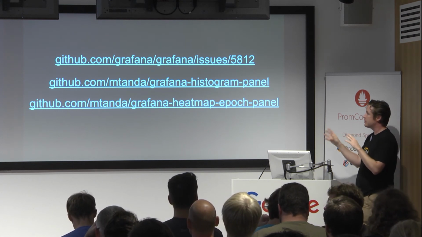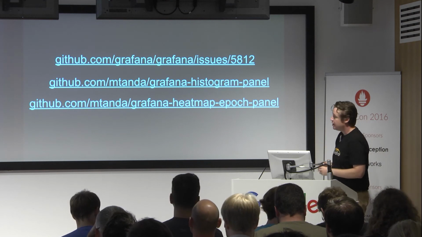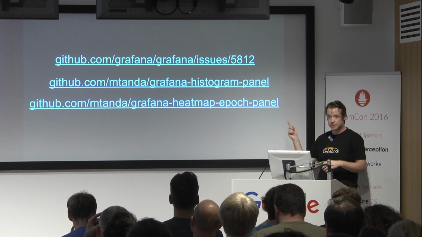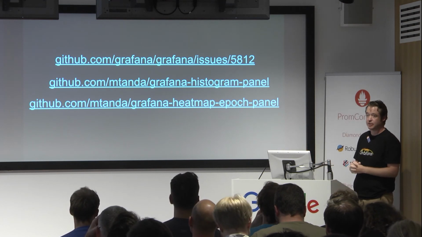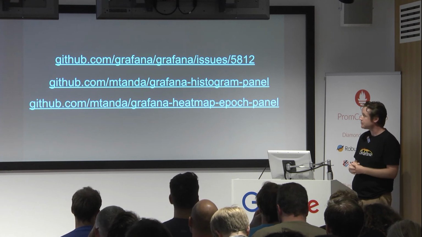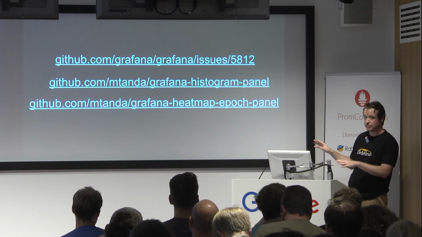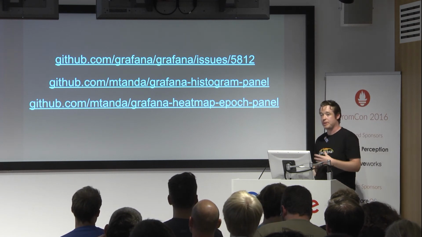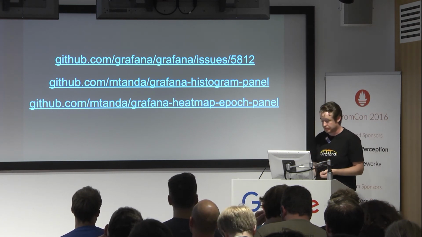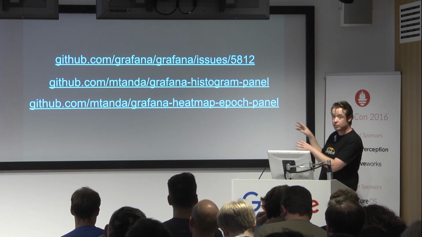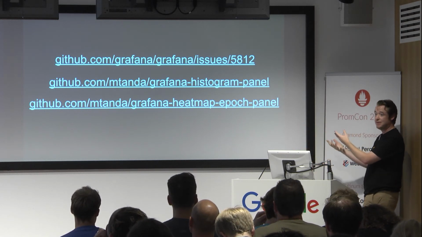I wouldn't say it's histograms or something like that yet, but Mtanda, who is working a lot on the Prometheus part of the Grafana project, has two plugins that support this. I haven't tried them out myself, but he's using them for Prometheus histograms and heat maps. So please check them out. And if they don't work perfectly, please help out.